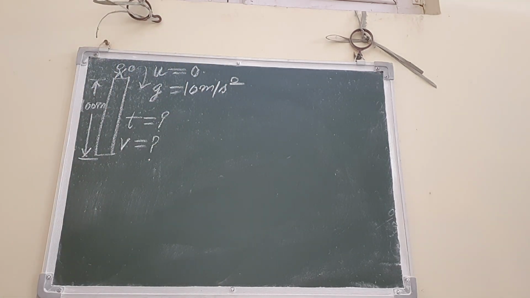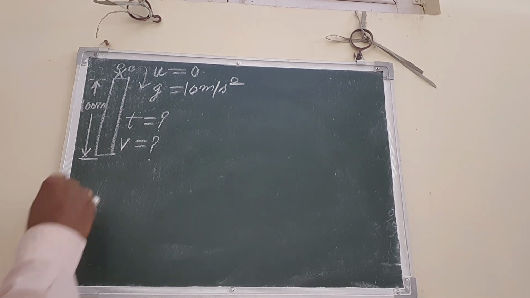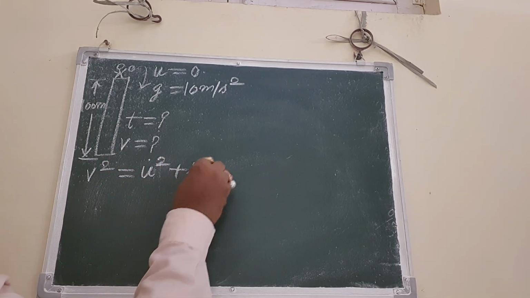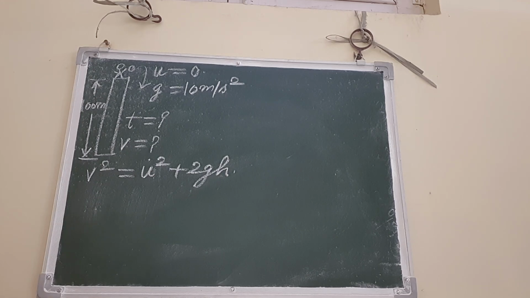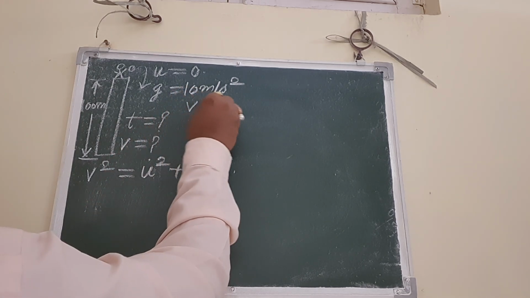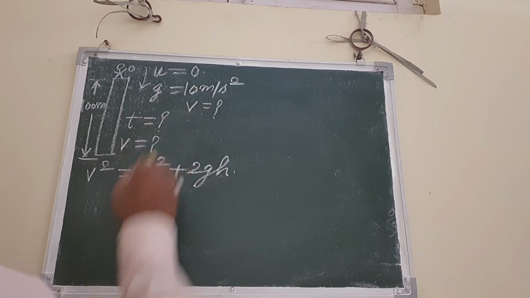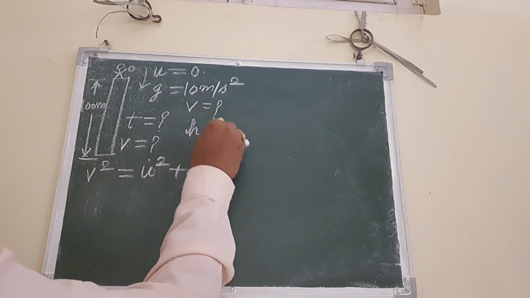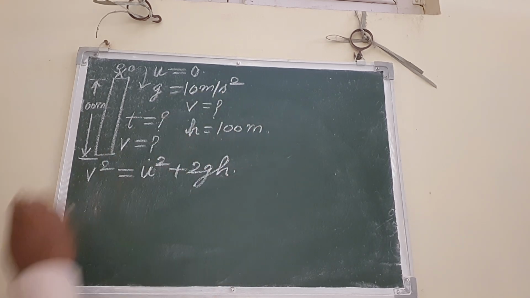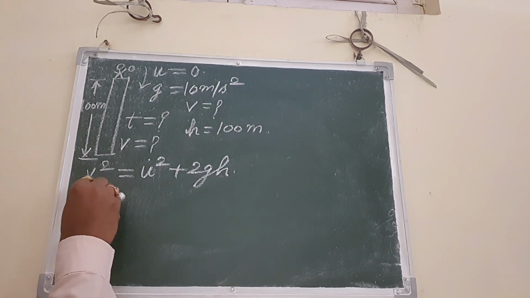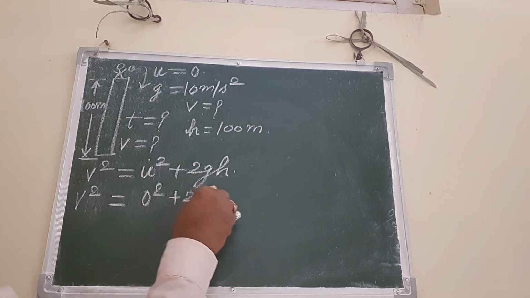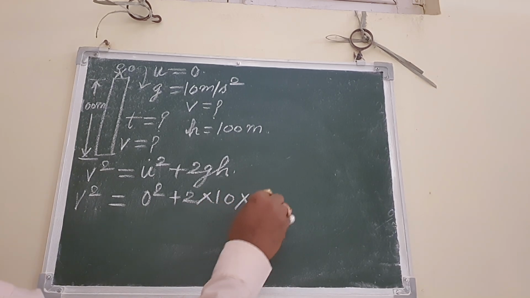And so applying the third equation of motion, v square is equal to u square plus 2gh. So here we have to find the final velocity. Initial velocity is u, g is 10, and the height is 100 meters. Substituting the values, v square is equal to 0 square plus 2 into 10 into 100.